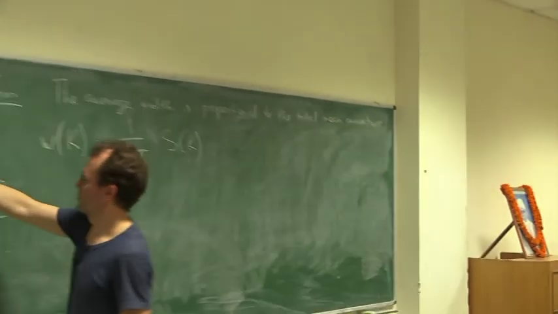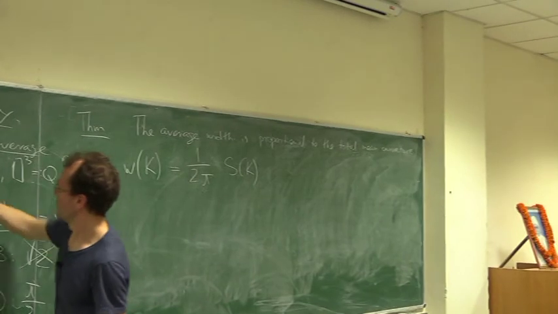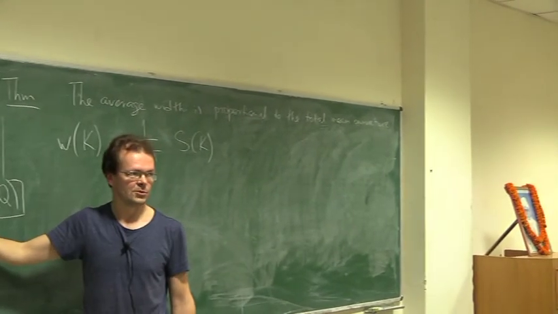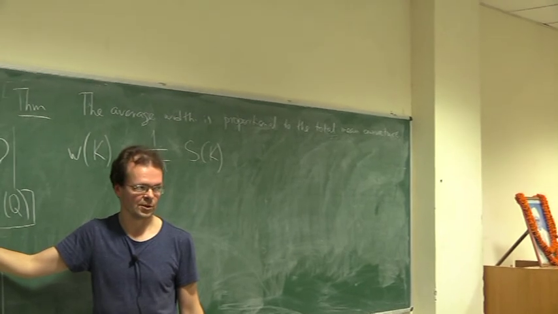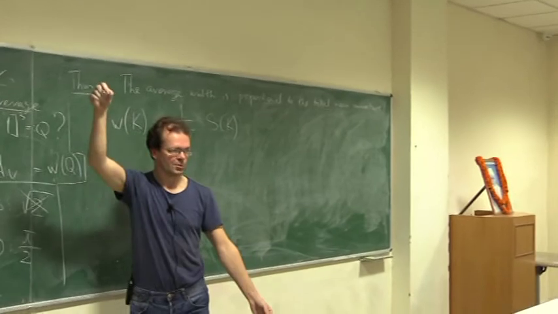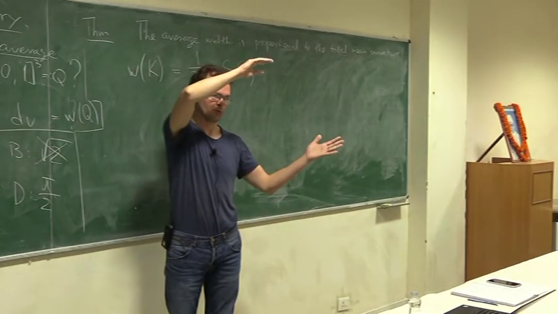So the average width is like an expectation, the expected length of projection. You take an arbitrary line in the space and you project your cube onto this line.